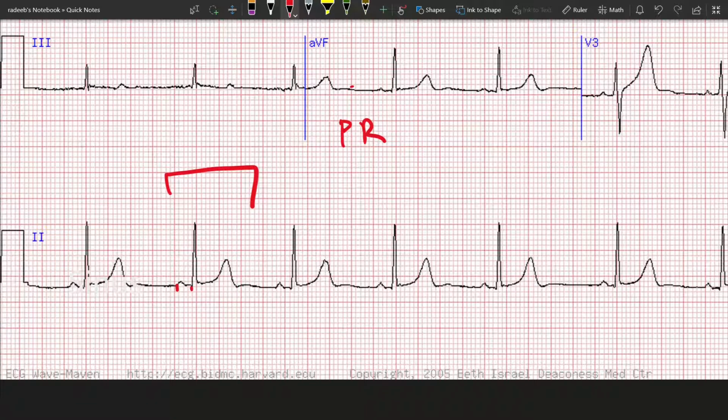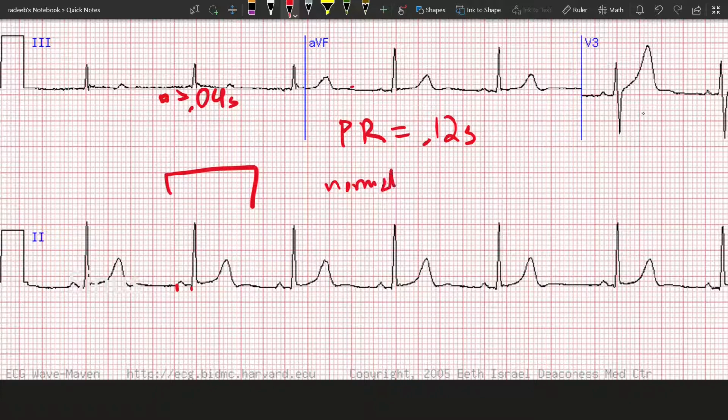Remember how much a small box is in terms of the measurements. We could say a small box is 0.04 seconds, because we'll need to do a little math here. So here we'll say it starts there. We have 1, 2, 3 small boxes. So our PR interval would be 3 times 0.04, which is 0.12 seconds.